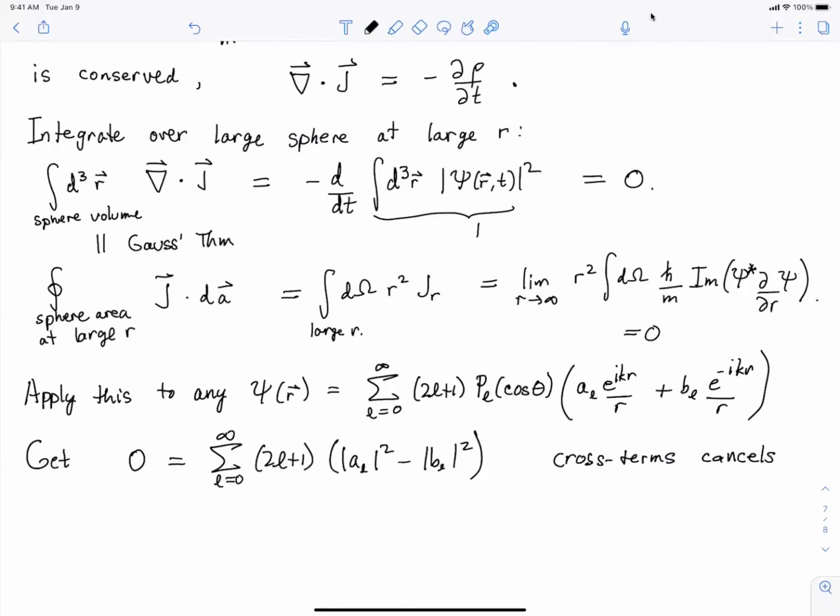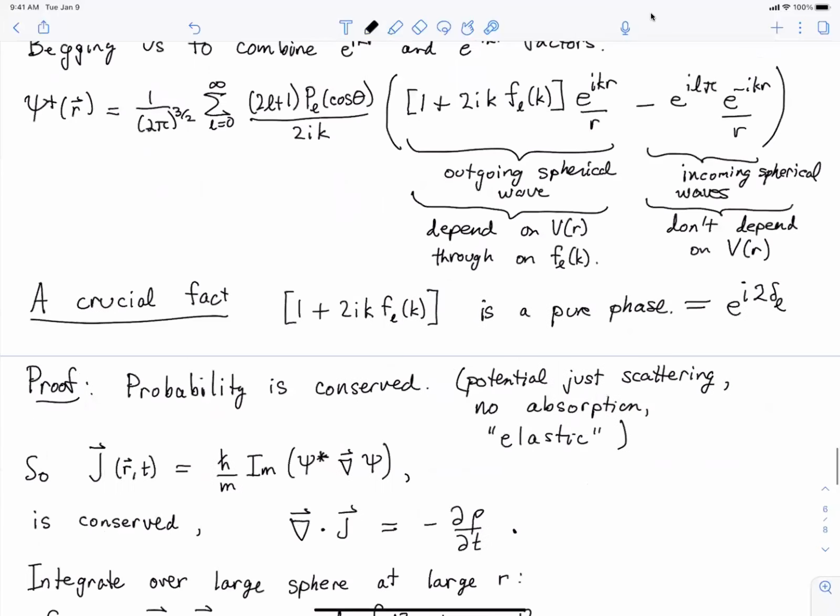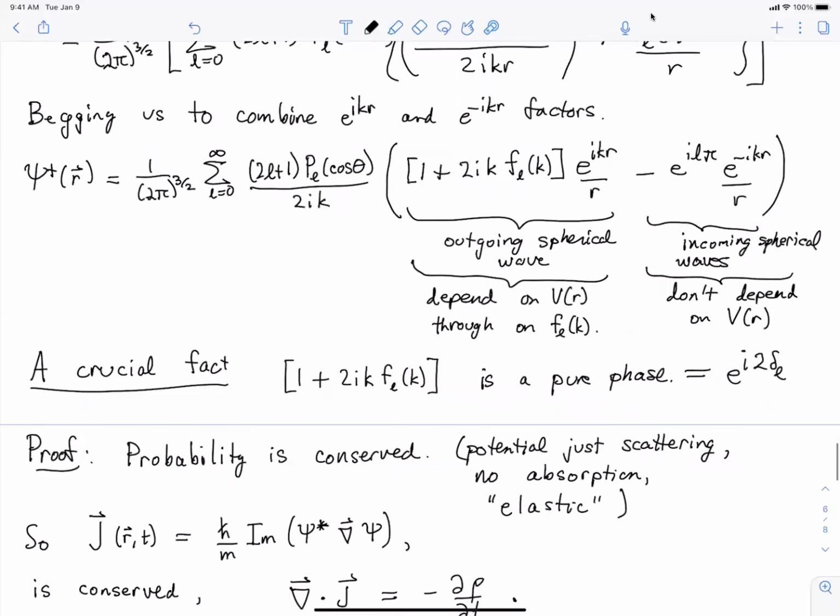Okay, and in our case, let's go back up and look at what our wave function looked like. So here was our incoming wave, and the magnitude of that is just 1. It's just a pure phase, and therefore the magnitude of the outgoing one has to cancel it, and so that is also a pure phase.